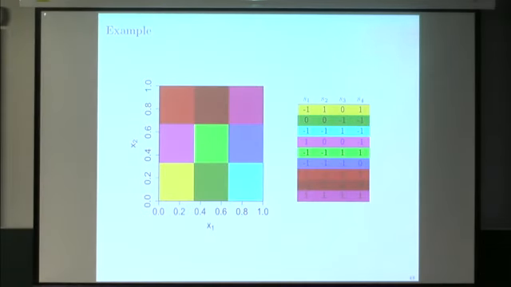So in this plot, we have the 9 locations, and here we have the treatments. For example, we choose this combination to be applied in this area here.